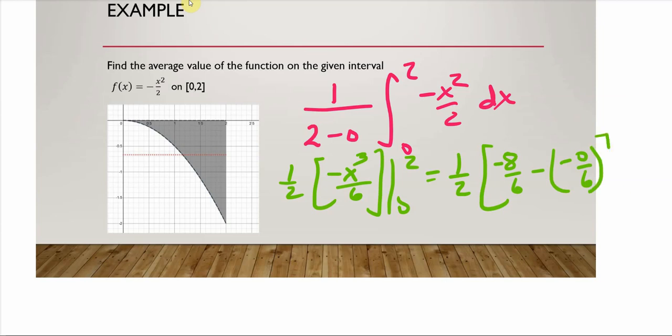The fundamental theorem of calculus says you plug in the 2 first, and then the 0 and subtract them. Okay, so this is going to give me 0. So I'm really going to have 1/2 of 8/6, and it's going to give me negative 4 over 6, which is negative 2/3. So it's supposed to be negative 0.666. And I'm hoping that that guy is negative 0.666.